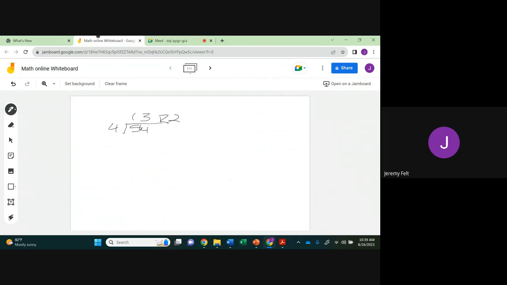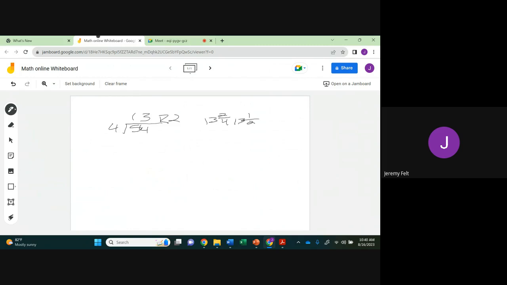So if we're putting in a remainder, which we're not, just to kind of review, we will leave it as 2. We have 13 and 2 left over. Well, now we know that remaining 2 is being divided by 4, so we'd write it as 13 and 2/4. 2 over 4 reduces down to 1/2.